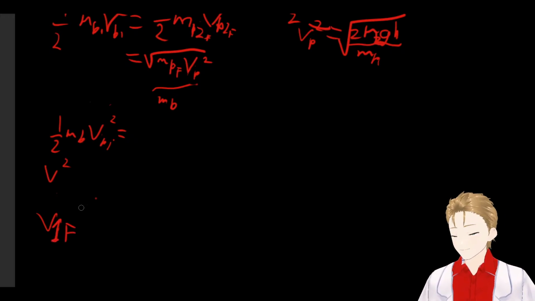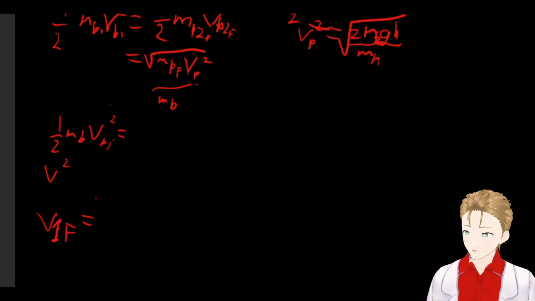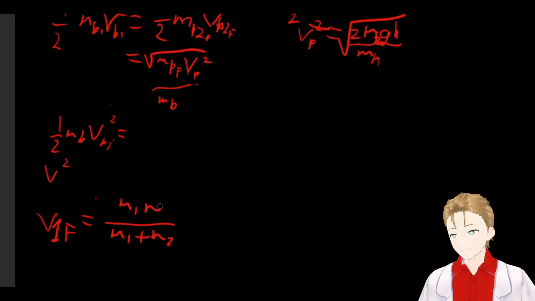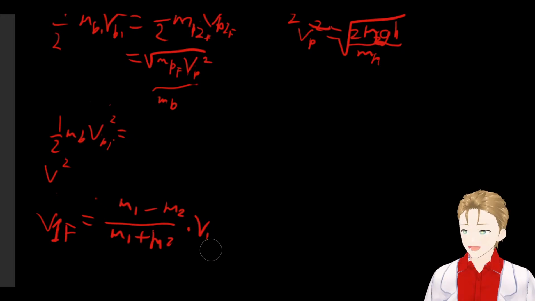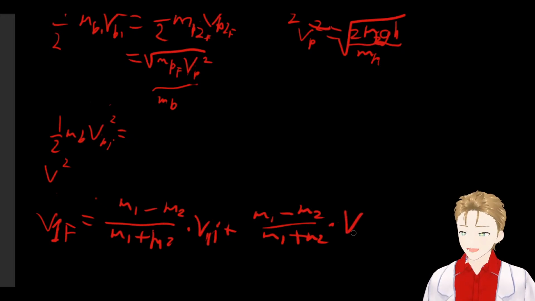v1 equals. It's going to take m1 minus m2 over m1 plus m2, times velocity 1, plus 2 m2 over m1 plus m2, but just times velocity 2.